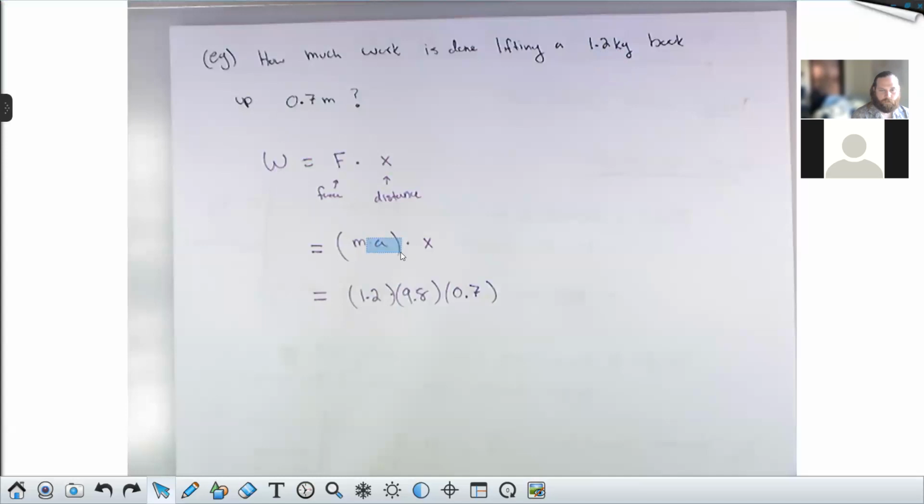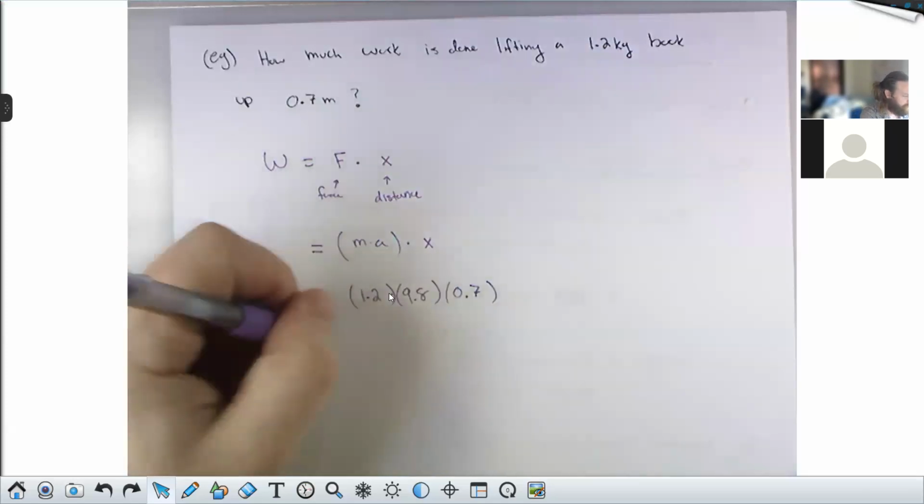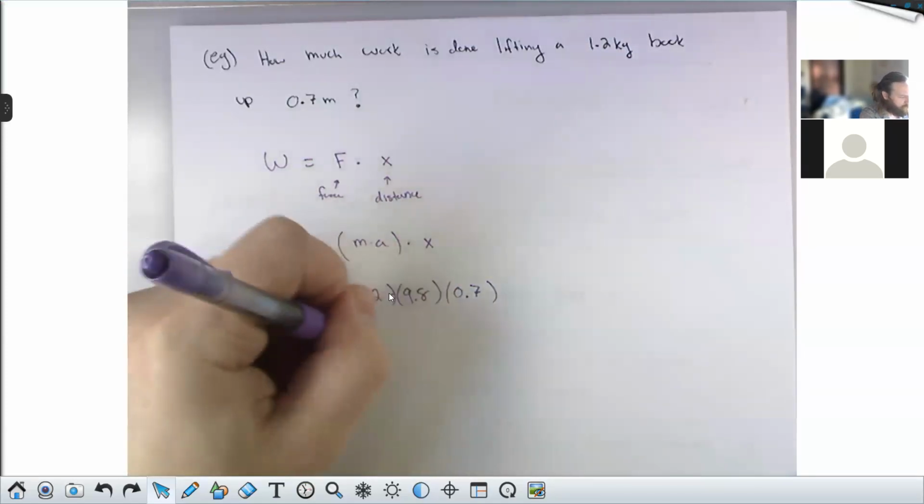The acceleration due to gravity is 9.8 meters per second squared. So, leaving off the units, mass times acceleration times the distance, and then I'll use a calculator. We get 8.232 joules.